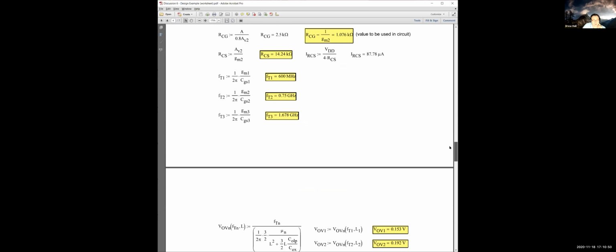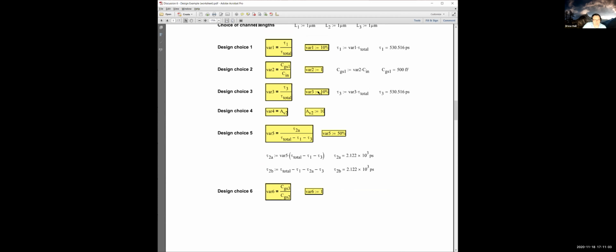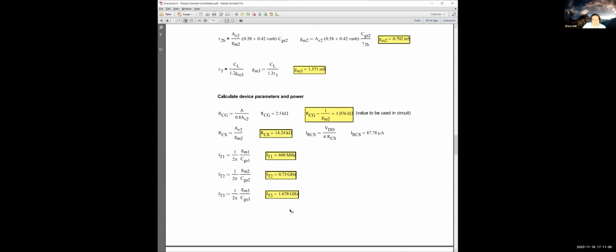In order to meet that constraint, it puts a lot of burden on this third transistor. And so if I was manually doing this, I would go back in and I would say, no, that was a bad choice. I'm actually going to give this 20 or 30% and let it compute and see how things fell out, in essence, to try to even out the FT of these three transistors.